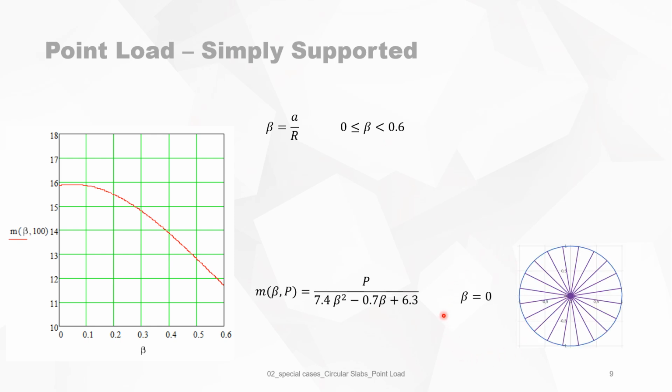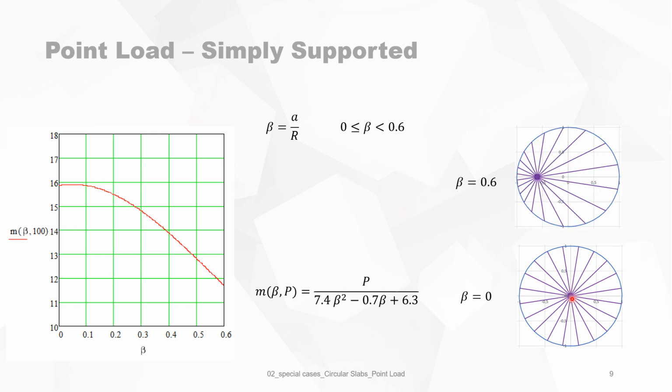And just to give you an idea, when beta is 0, of course, you have a point load in the center. When beta is 0.6, you see here the very short yield lines. So it means that the slope or the angle of rotation of those yield lines is getting too big to give you an accurate result.